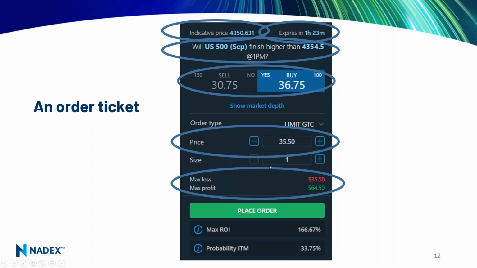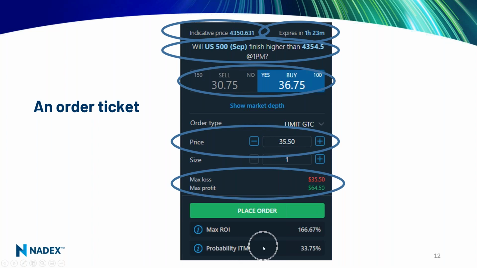Now, what we do tell you, if I were to buy one for 35.50, and someone sold it to me, that's the most I could lose when I'm buying. I just went through my maximum, my collateral and my maximum risk. I could not lose any more than 35.50. Now, what I could potentially make is, if it went to 100, I would potentially make 64.50.